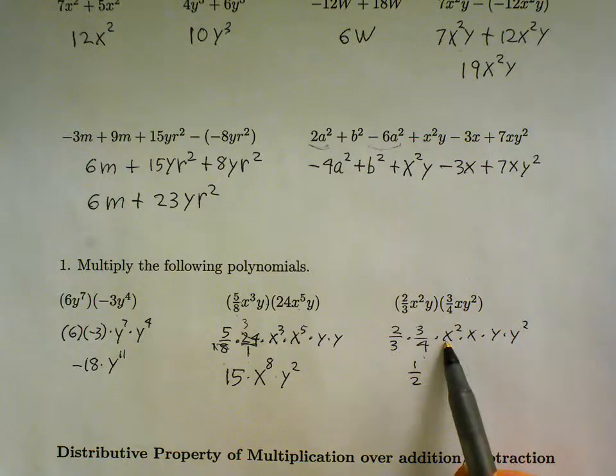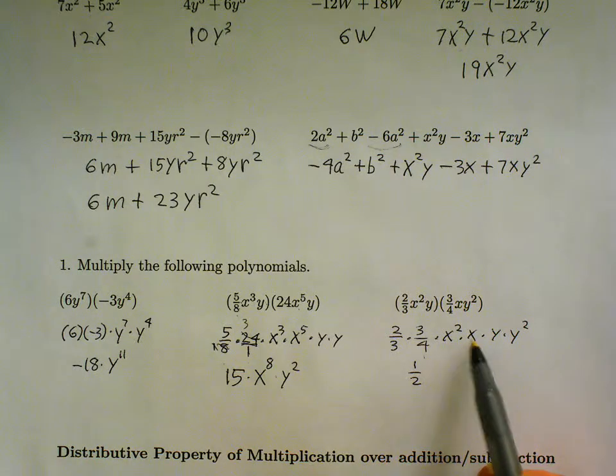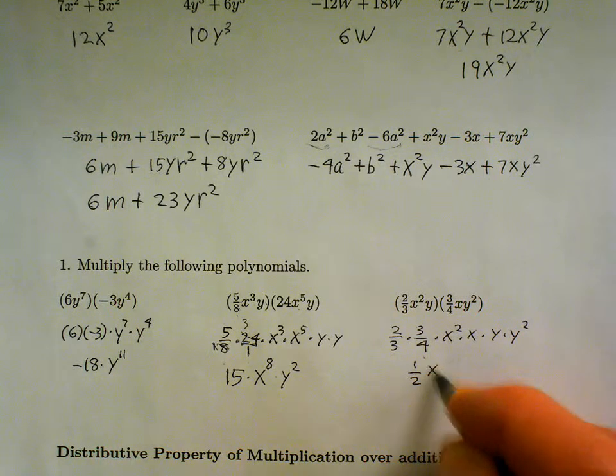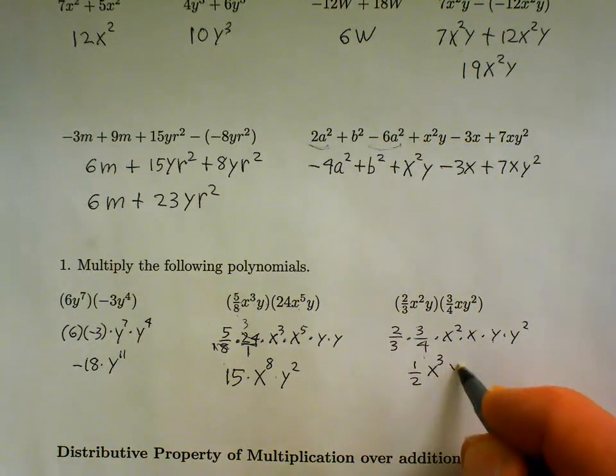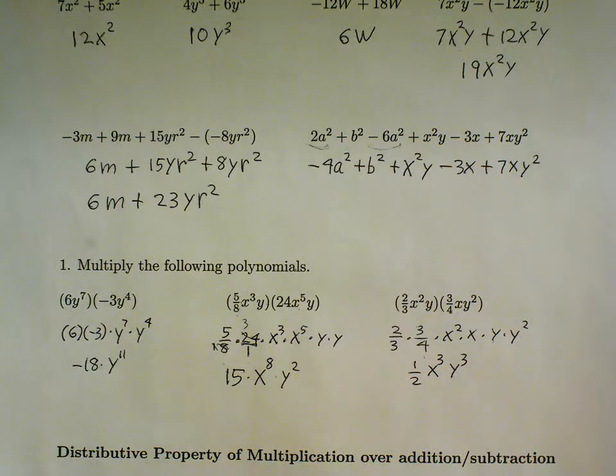X to the second times x to the second times x is x to the third, and y times y to the second is y to the third. So that's as far as we can simplify that one.